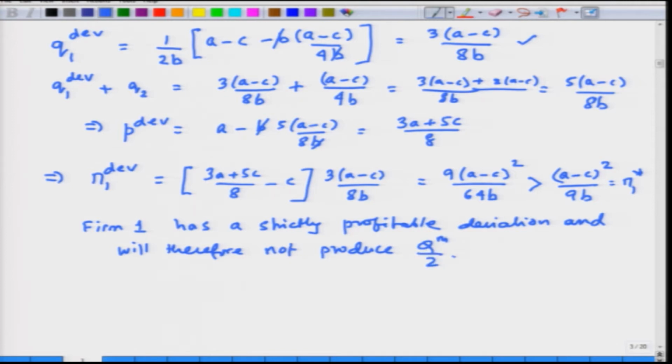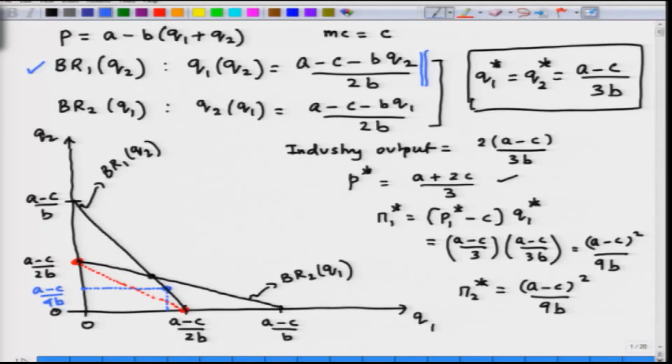So, even if the two firms agreed and let us say wrote down on a piece of paper saying that I promise to produce half of the monopoly output and you also will produce half of the monopoly output. So, even if firm 2 were to honor it, firm 1 will strictly deviate and produce a deviation output.